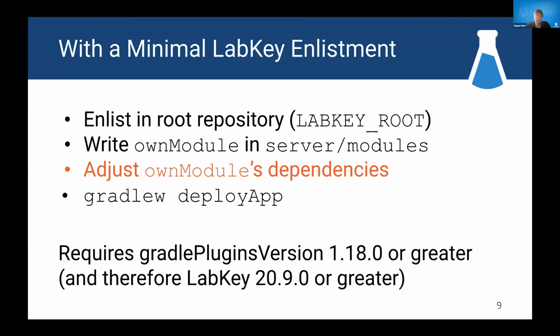You only enlist in your LabKey root. You write your own module, obviously, in server modules. And then the key part here is that you adjust the dependencies for own modules so that you tell it, I need these other modules that my module depends on. And otherwise, it'll only deploy your own module. And then you won't have a running LabKey server, you'll just have your own module.